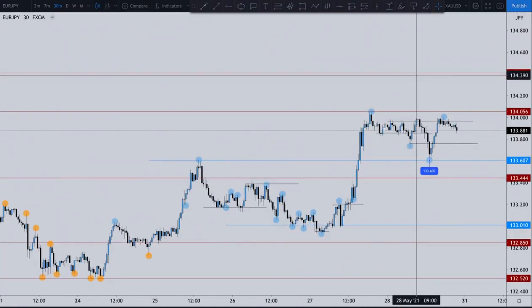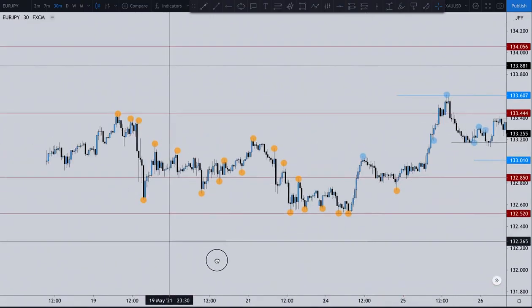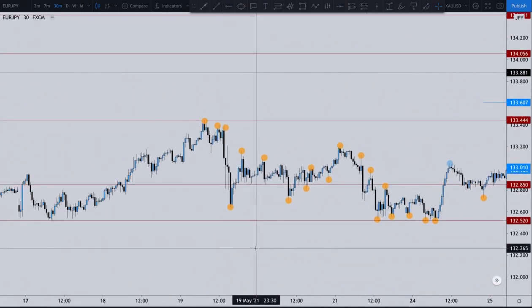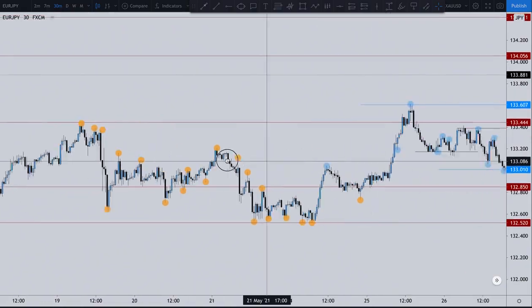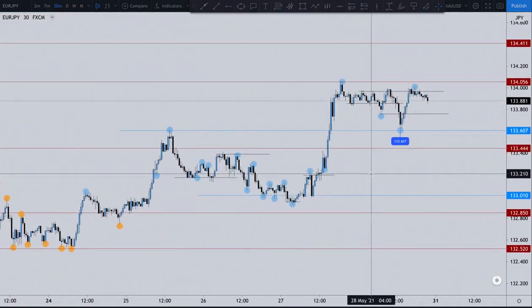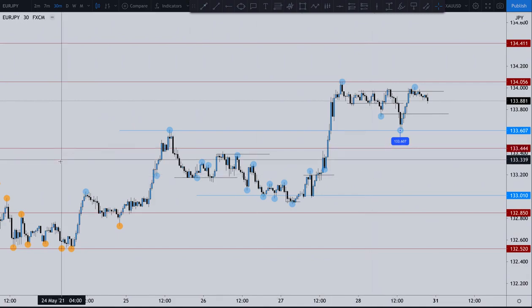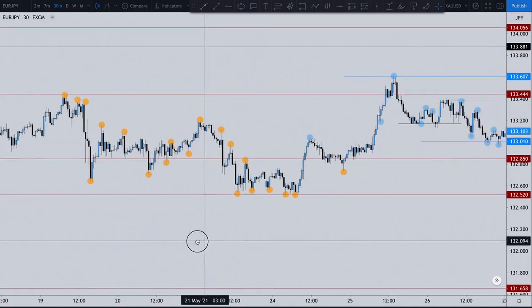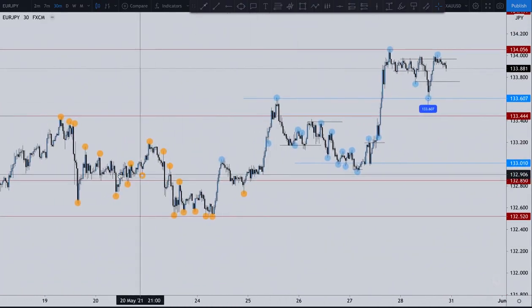I feel that will do some good numbers in terms of pips if it wants to follow suit and give us a bullish second half of the year, third quarter of the year. The first and the second were very, very bullish for Euro Yen, and I feel like we could maybe continue that trend, with a similar pattern to this.